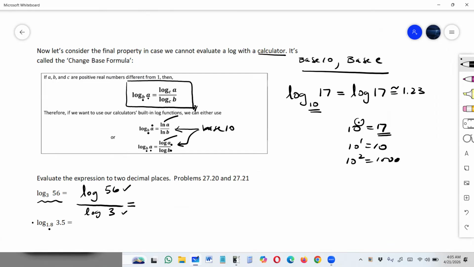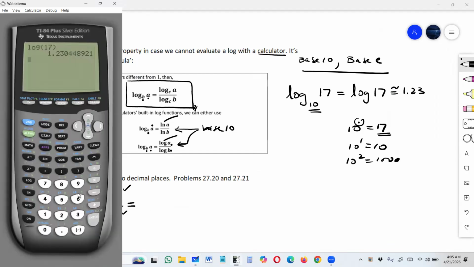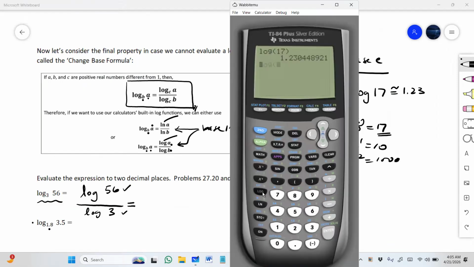Let's take a look using the calculator what that is. Let's just move this over here so that we can see. So log base 10 of 56, right? You don't see a base, it's base 10, divided by log base 10 of 3. And the answer is approximately 3.66.